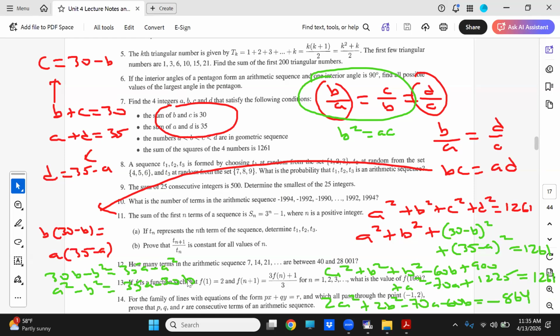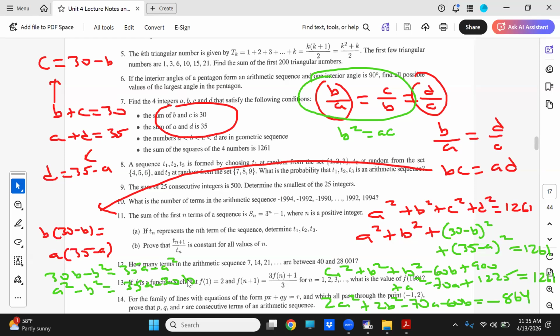We do know BC equals, yeah, B over 8 equals 27 over C, and C equals 30 minus B. So 30 minus B times B equals 216, so 0 equals B squared minus 30B plus 216.